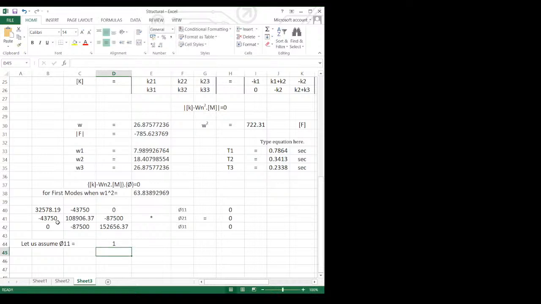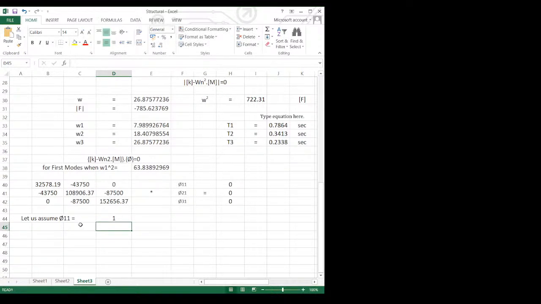We have assumed, okay. And now this matrix is similar, okay. Here we have put a border line to make it attractive.